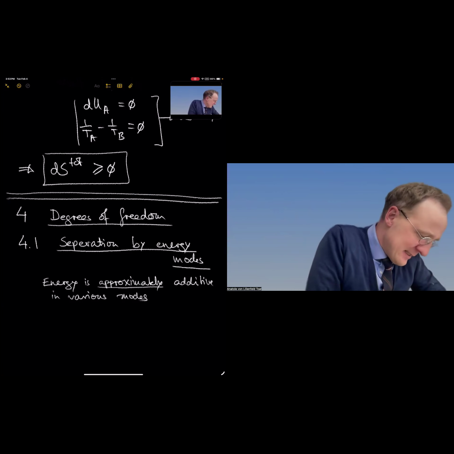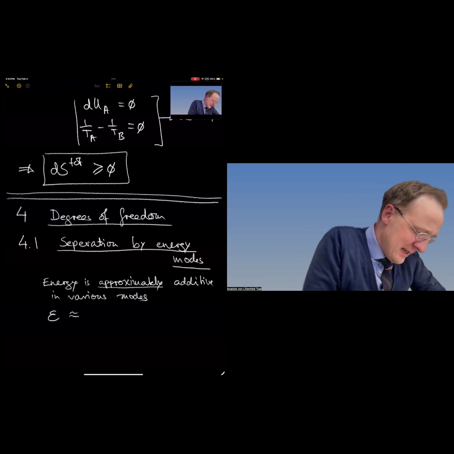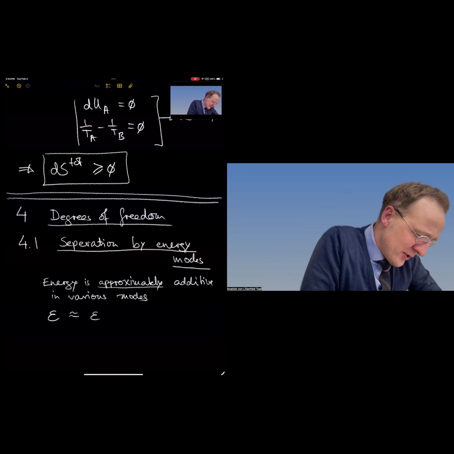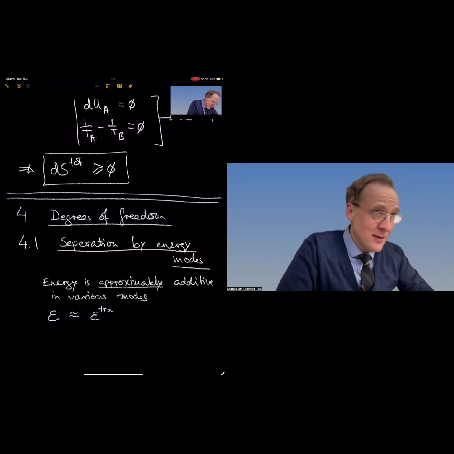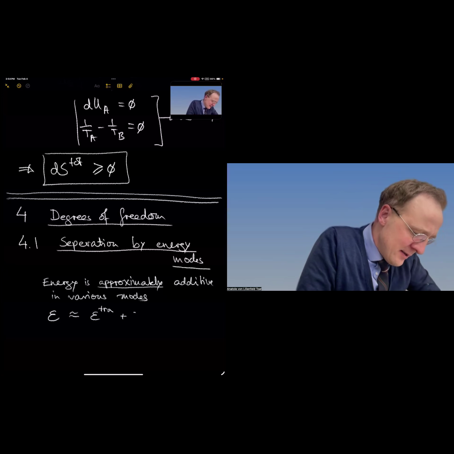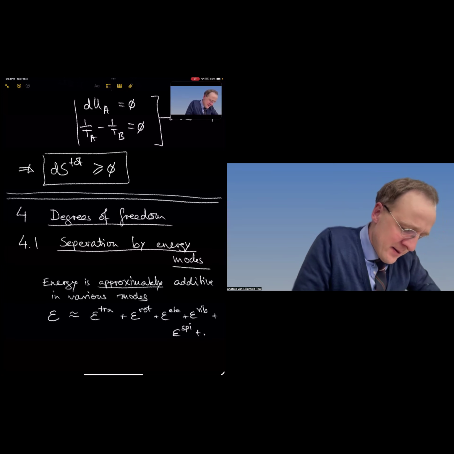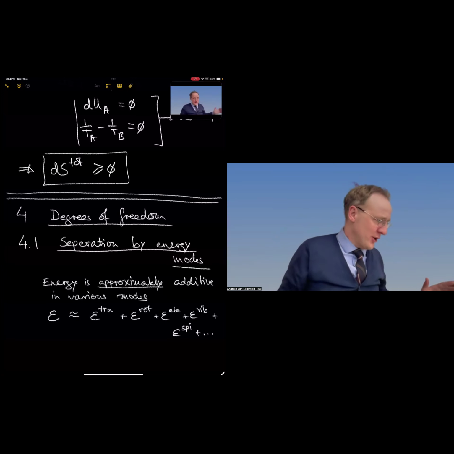And so what this means is that our eigenvalue of some level, right, can approximately be written as the eigenvalues of a translational Schrödinger equation, of a rotational, of an electronic, of a vibrational, of a spin, and maybe external fields and whatnot.